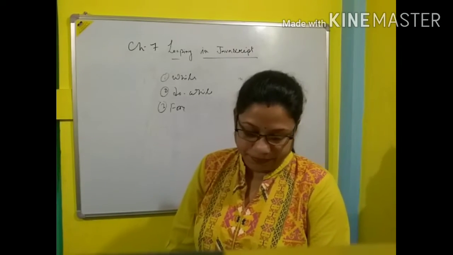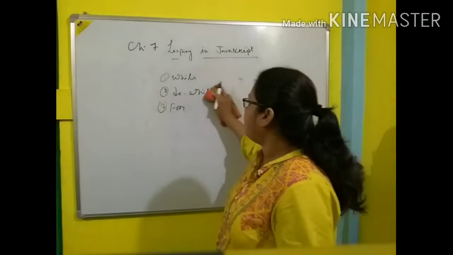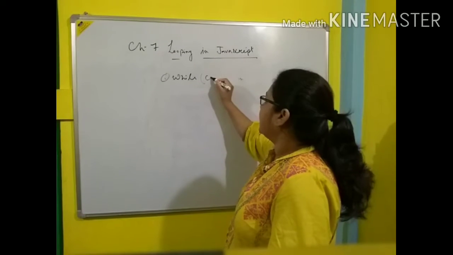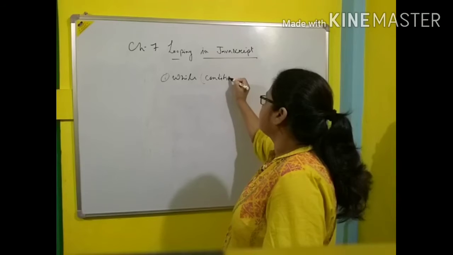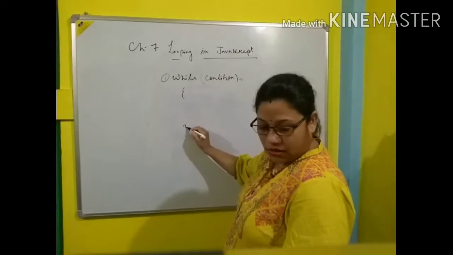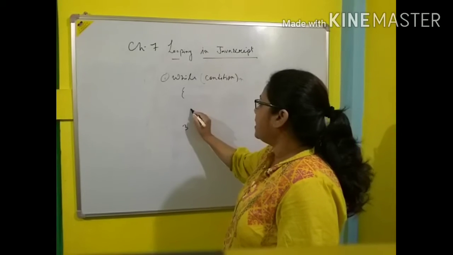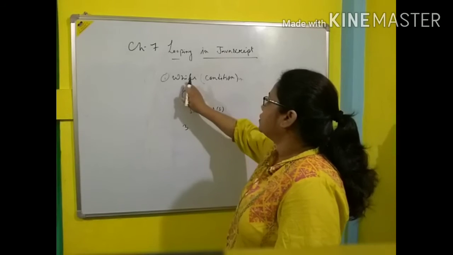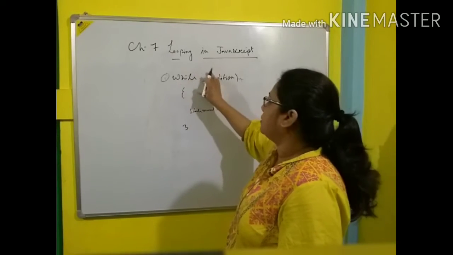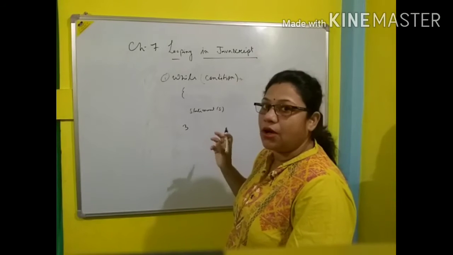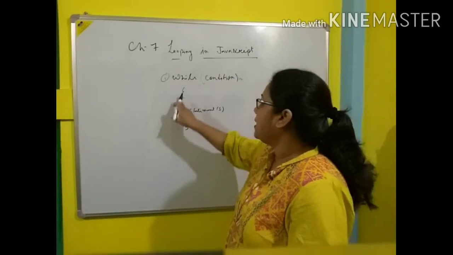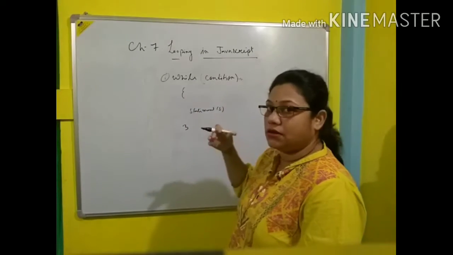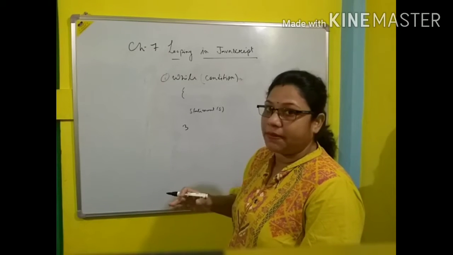the while loop. Okay, so the general format or syntax of the while loop is: while, condition, begin, close, and here we are going to write down the statement or statements. So the while loop contains the condition, that means how many times you want to execute the program, and this is known as the body of the while loop, and here we are going to write a single statement or a group of statements.